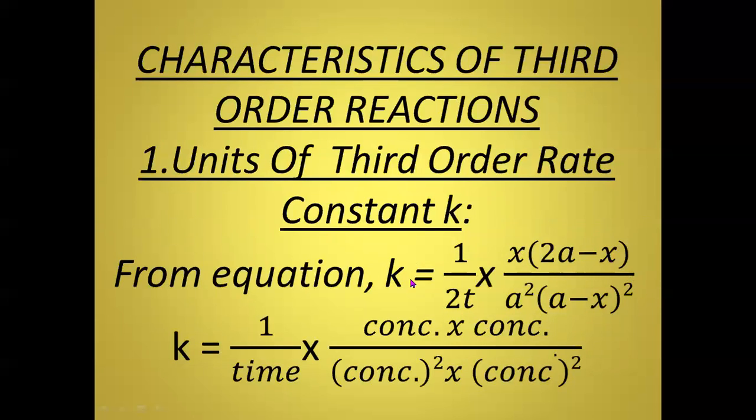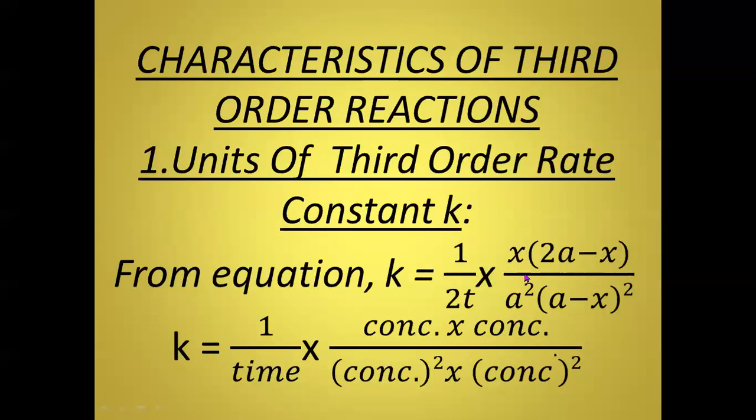Because from this equation we can calculate the value of K, the rate constant for third order reaction, and to derive units we need this equation. 1/t means 1 by time, and there are concentration terms. x represents the concentration consumed, and the other is the concentration left.